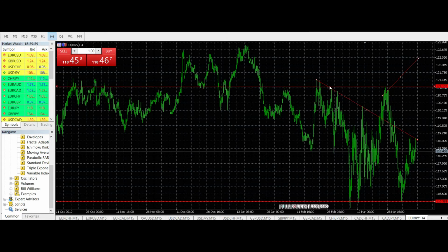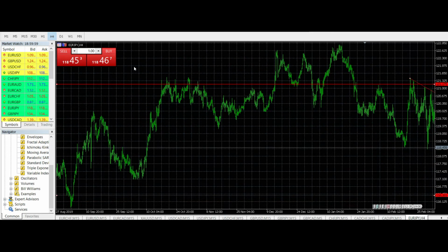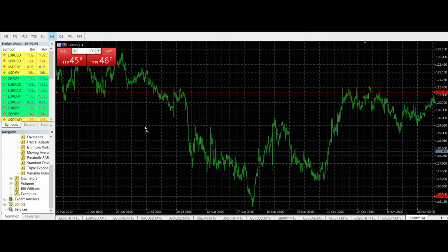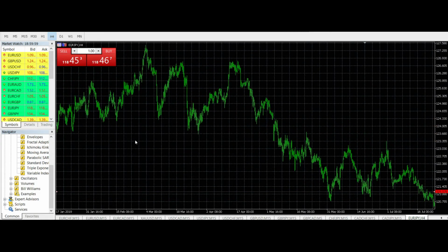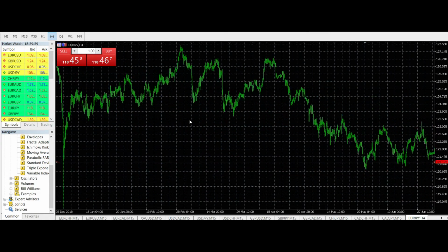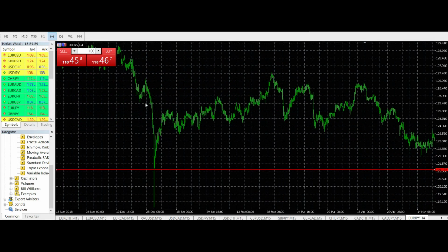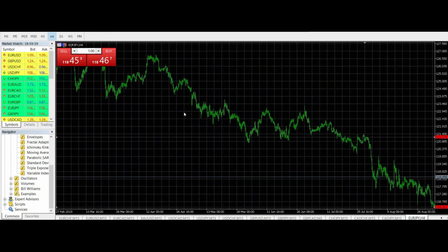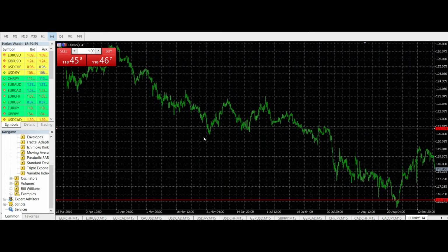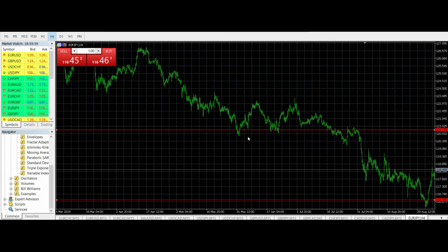the resistance line, which was tested here, here, here, here, and funny enough, here's one of the many rules that I think is not for beginners but for advanced traders. As you can see here, the price was going down, so it was a downtrend, and this line here that is now our resistance was a support line.